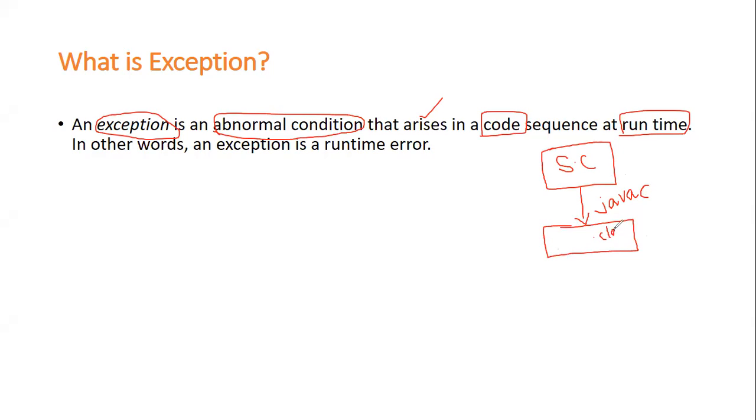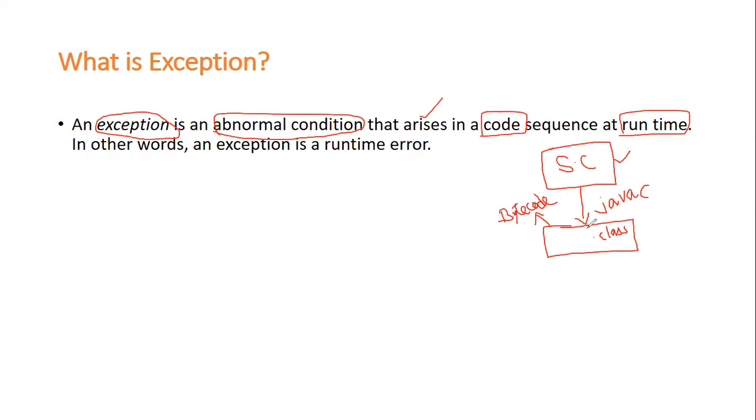A dot class file is created and we call this dot class file bytecode. So I've written a Java code, and we call it source code.